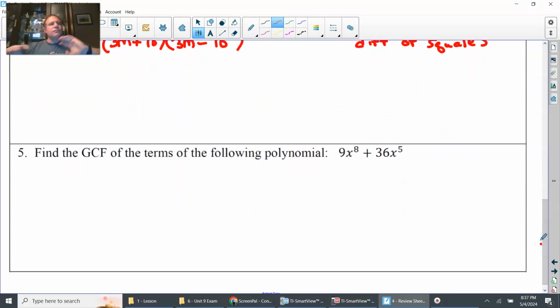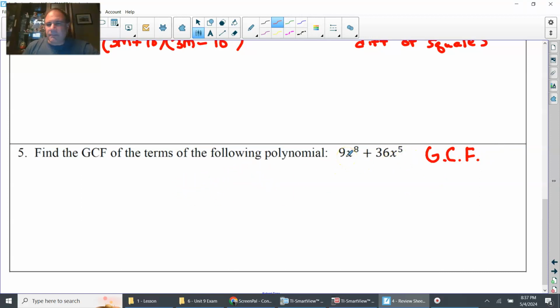Find the GCF. That's all you need to do, is find the greatest common factor. You do not have to factor any of this. So the greatest common factor is what goes into both numbers.